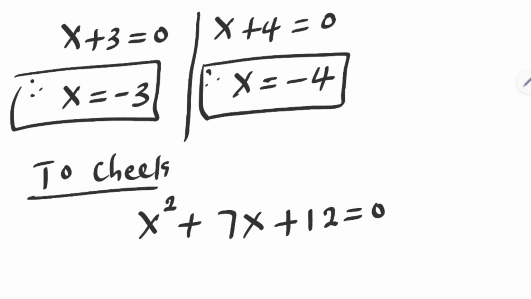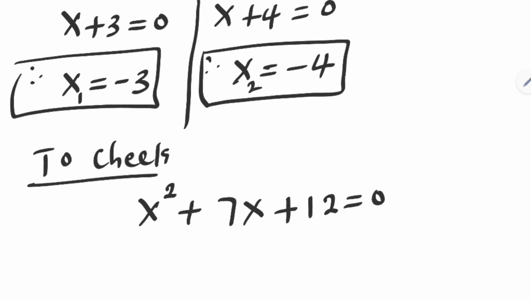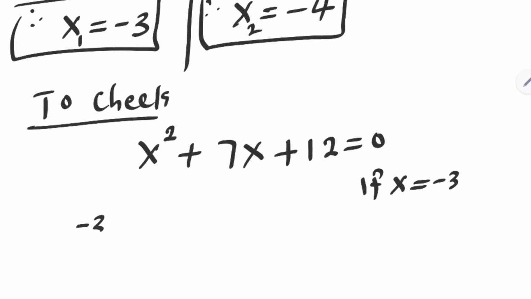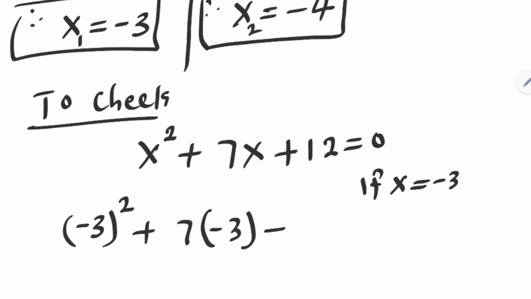Let us check using either x1 here or x2 here, but let me make use of x1. If x is equal to minus 3, we have minus 3 squared plus 7 bracket minus 3 plus 12 must be equal to 0.